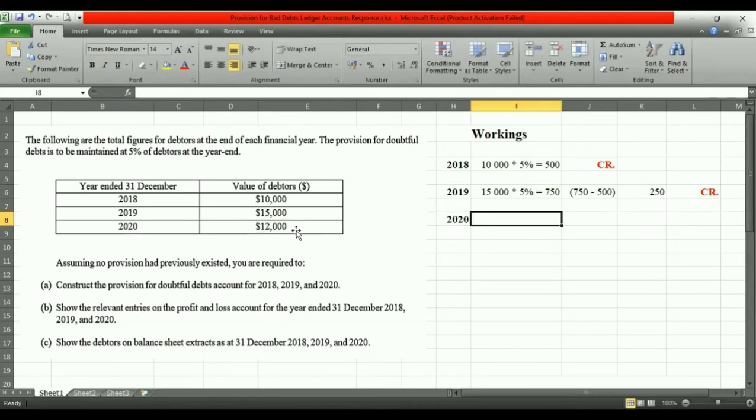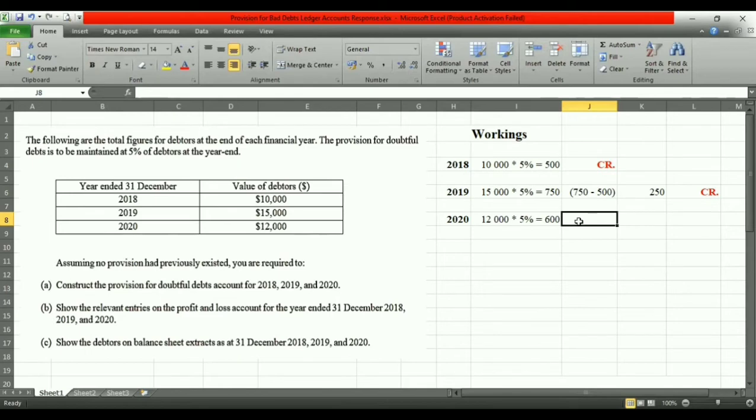2020, our debtors value is $12,000. The rate remains at 5%. So we're multiplying that 12,000 by 5%, and that gives us a value of $600. Now, last year it was $750. This year it is $600. We're seeing that there is a reduction.